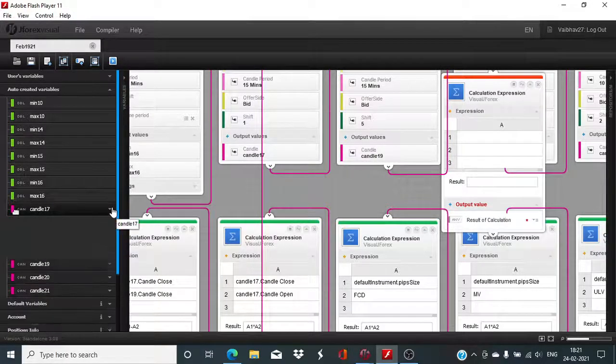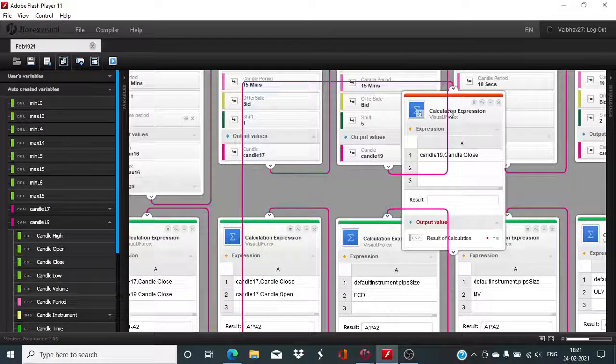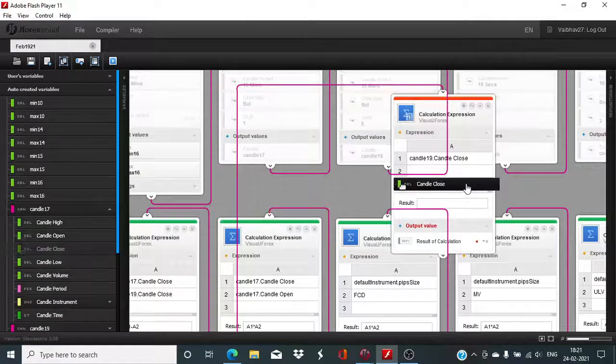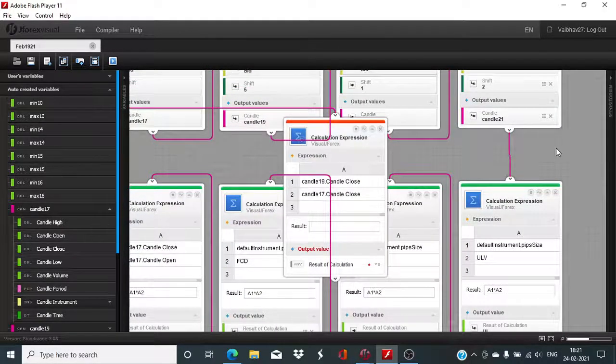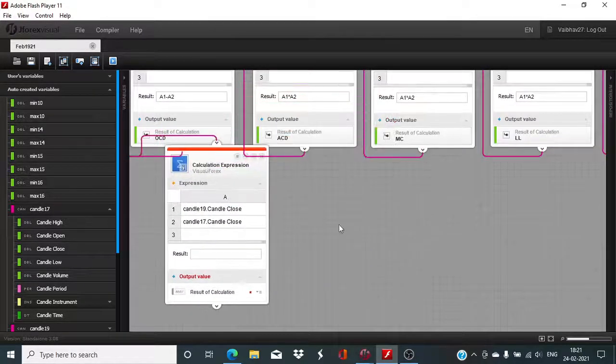Here, first candle 19's closing value, and we will deduct candle 17's closing value, and the difference needs to be more than 7 pips and less than 15 pips.